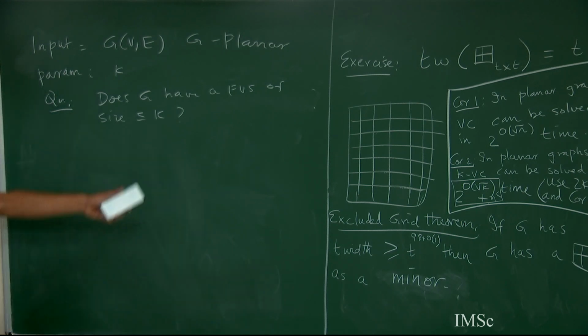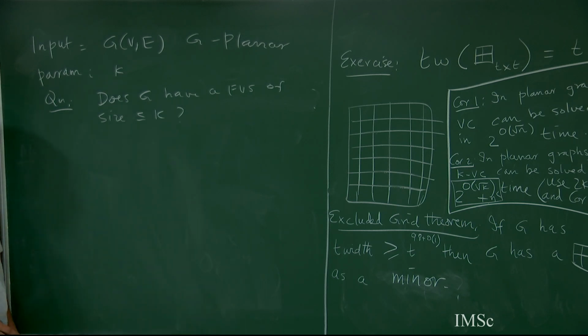Okay. So even here, what is an analogous result to corollary 1? If I want just, there is no k, I just want to find the minimum feedback vertex set. How much time? Not 2 power. If you remember my dynamic programming, I said for feedback vertex set, it's not 2 power, but k power. Tree width power tree width, which is still not bad, right?